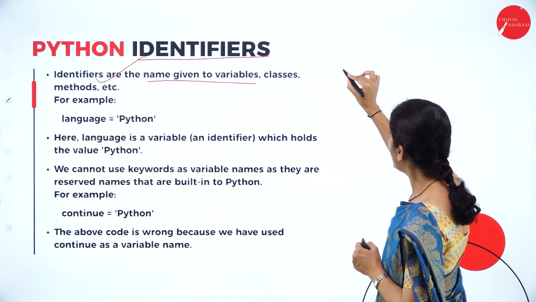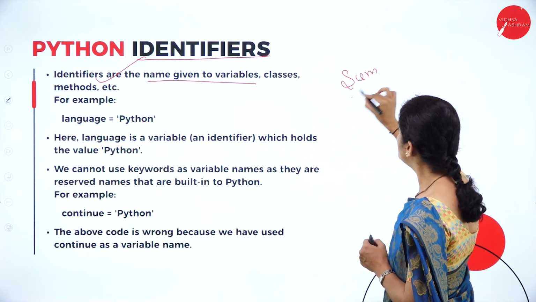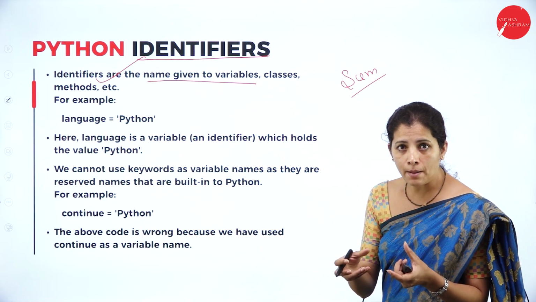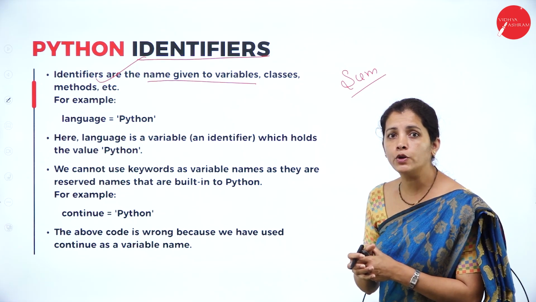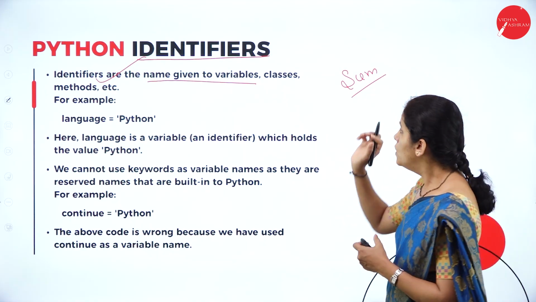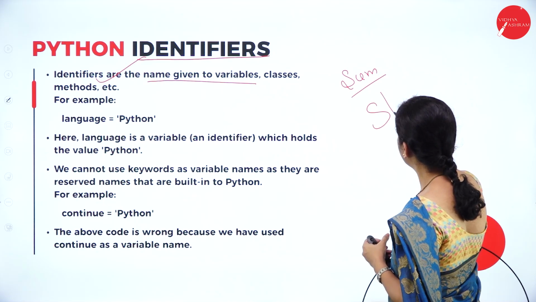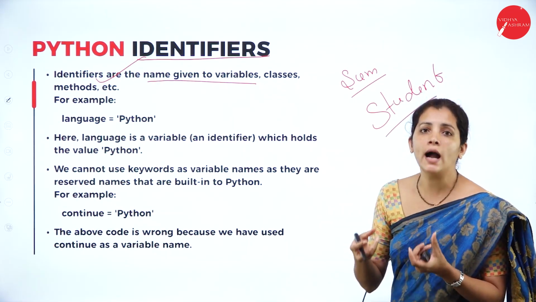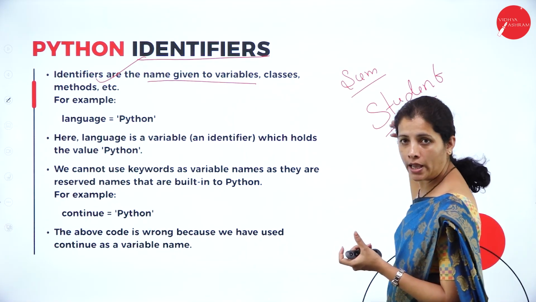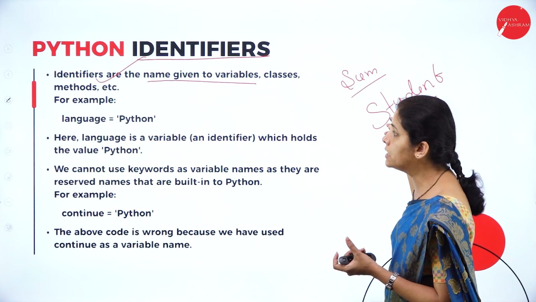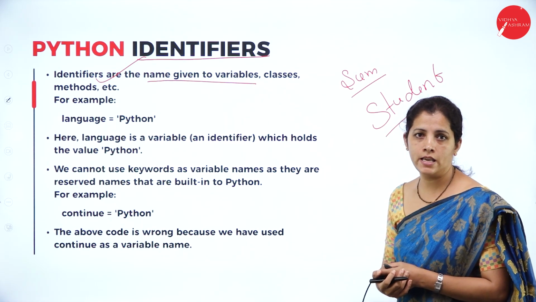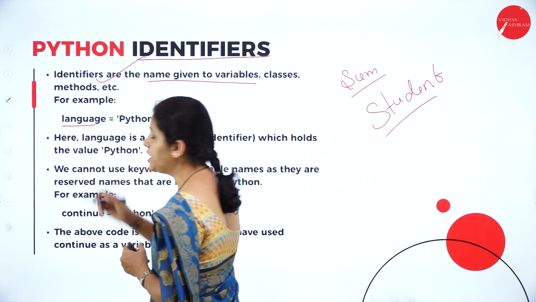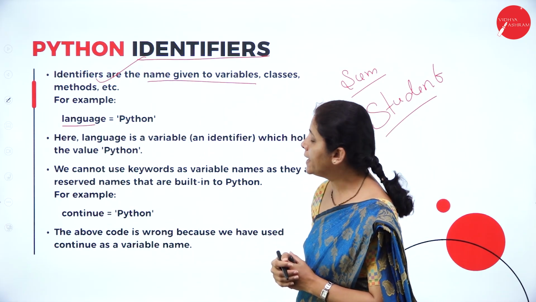Okay, fine. If I write sum, what's the meaning? Sum. After adding some numbers, whatever result I get, that is sum. Okay, fine. If I write student, by seeing this, I can identify whether it is a variable or a method name or a class name. Okay, fine. See here, language equal to Python.